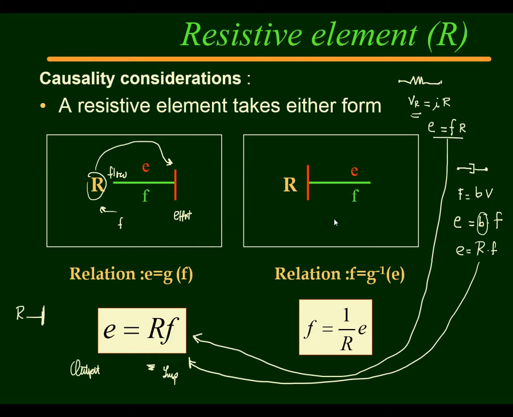When you write it like this, the reverse is true, because the output of R is F, and the input to R is E. Just think as if this would be a piston that you are holding in your hand, and you are pressing it this way.